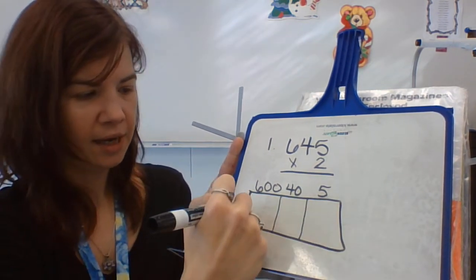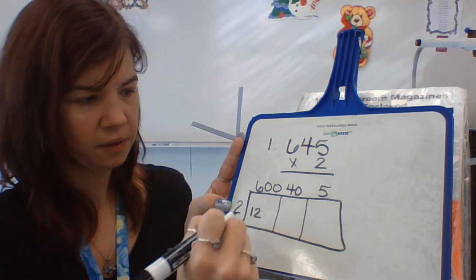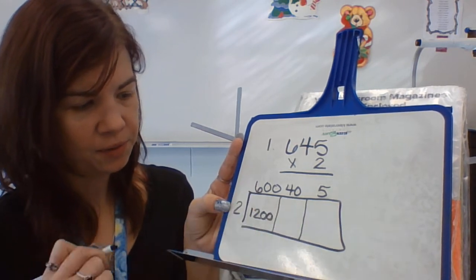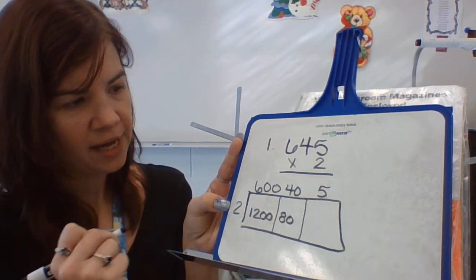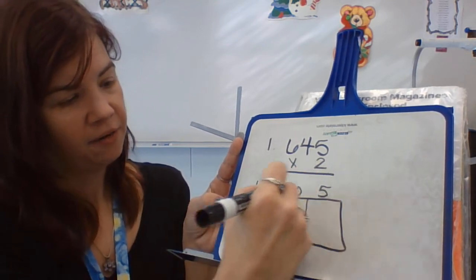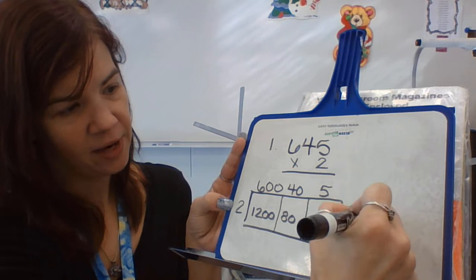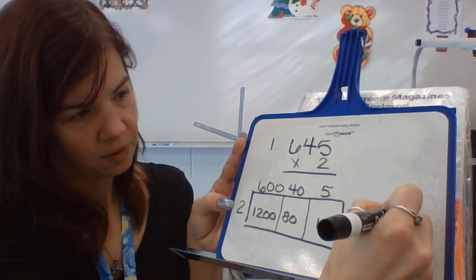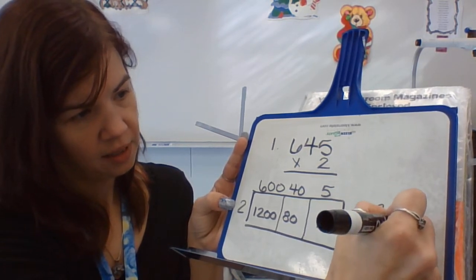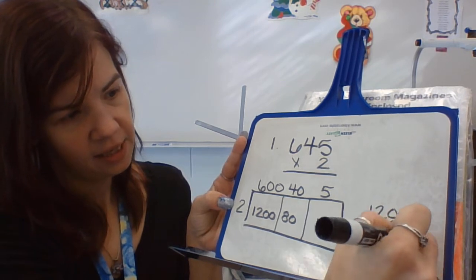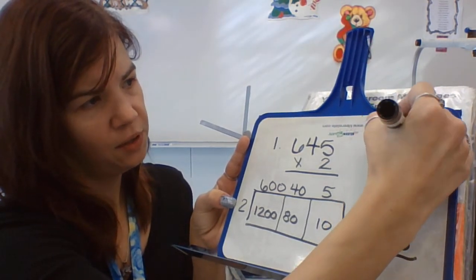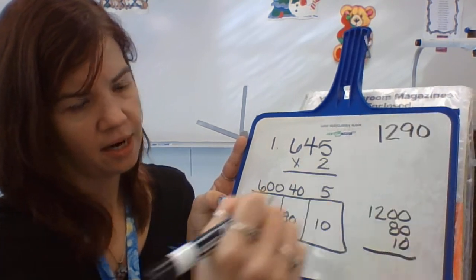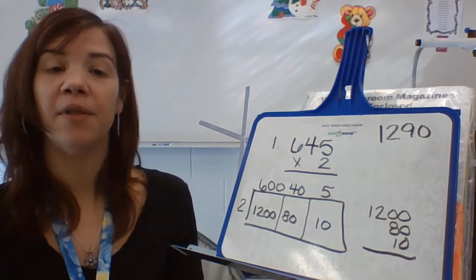Remember? 6 times 2 is 12, and we add in our 2 zeros. 2 times 4 is 8, and we add in the 0. And 5 times 2 is 10. And then we added these up. 80 and 10 for a total of, and I'll write it up here, 1,290.